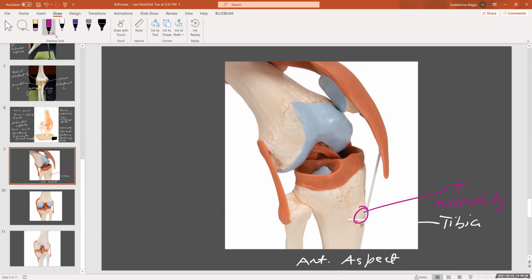Here, this is the femur, this is the fibula, this is the tibia. Between the femur and the fibula, this is the fibular collateral ligament. Since the fibula is on the lateral side, this is the right knee joint.